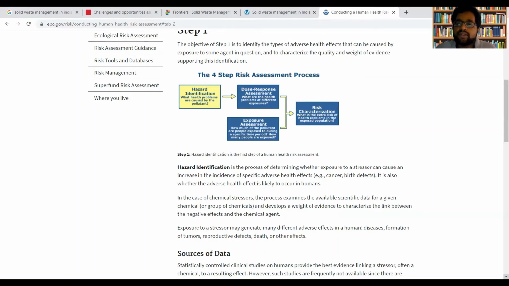What is the hazard, and what is the exposure to the stressor? Will it cause any kind of hazard? If the hazard is of a chemical nature, the available literature will be examined to see the type of chemical agent and the negative effects associated with that particular chemical agent.